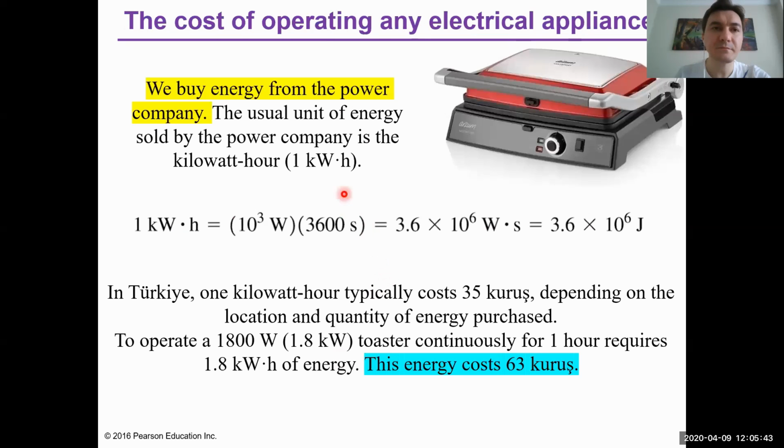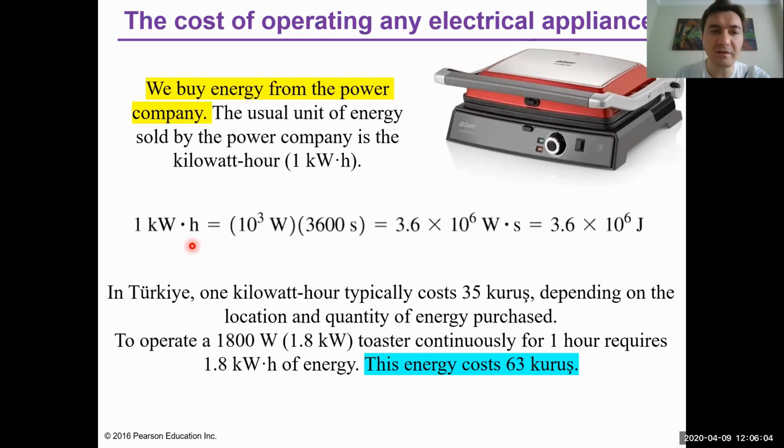Then the cost of operating any electrical device, any electrical appliance. So let's have a look. We buy energy from the power company. The usual unit of energy sold by the power company is the kilowatt hour, in Turkish kilowatt saat, 1 kilowatt times 1 hour.